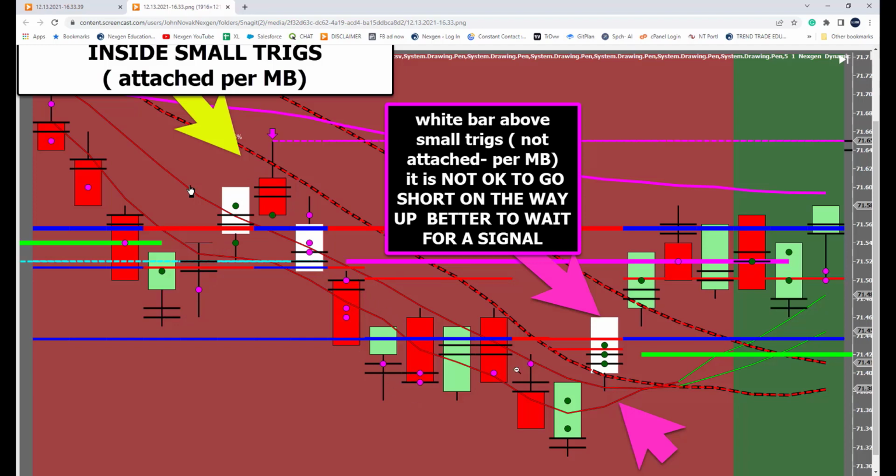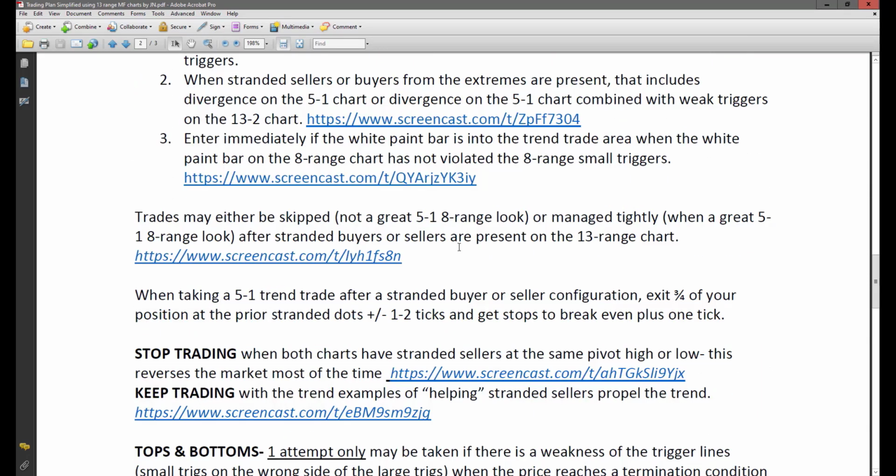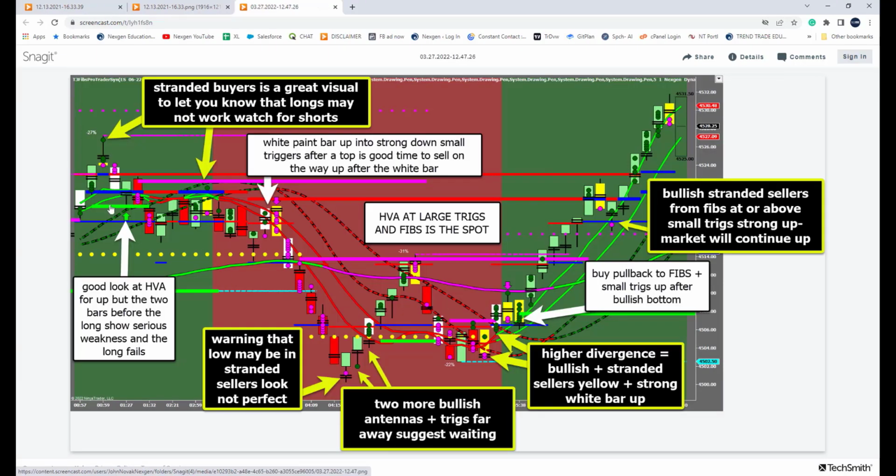Price bars inside of and above the small triggers, not so fast on selling after a white paint bar up. See the theme? Trade on the correct side of the triggers. So when you have stranded buyers or sellers, you're going to have to manage those trades a little bit quicker.